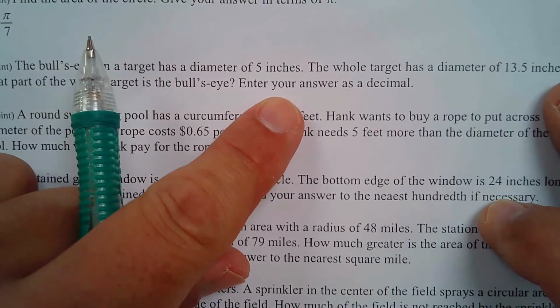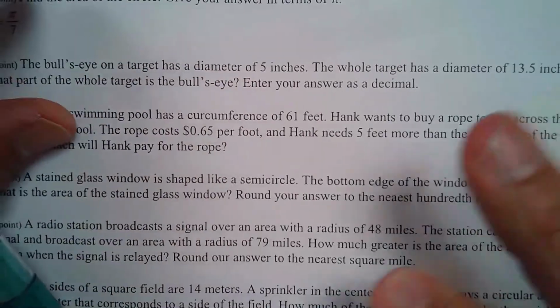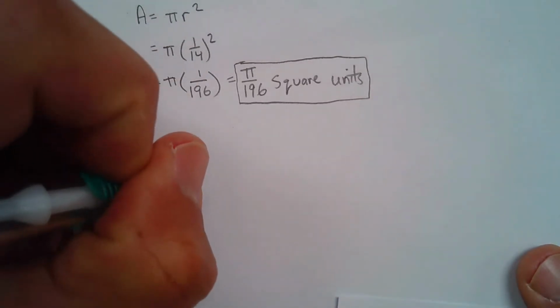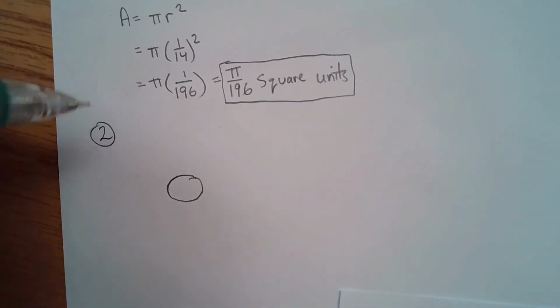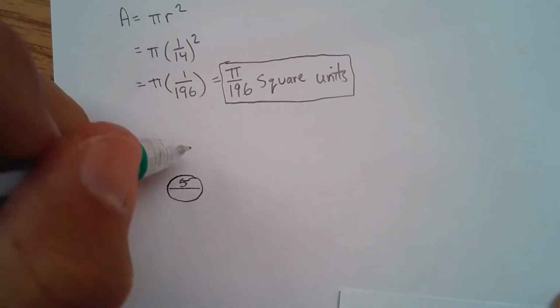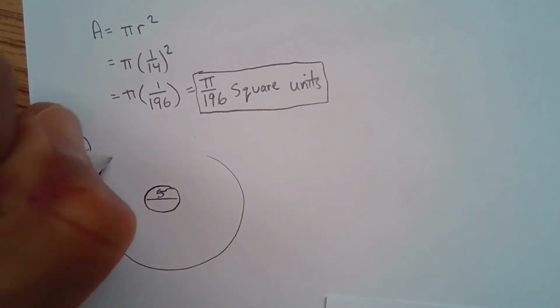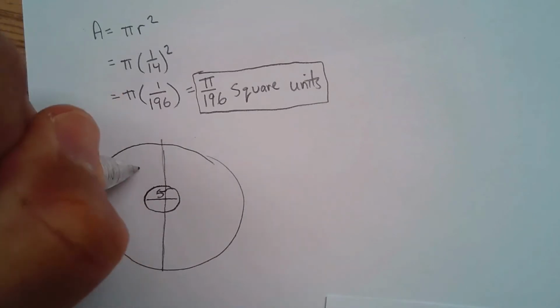Okay, so the bullseye is 5 inches. So if I draw a little picture here, the diameter is 5, and then on the big one, on the entire target, that diameter is 13.5.